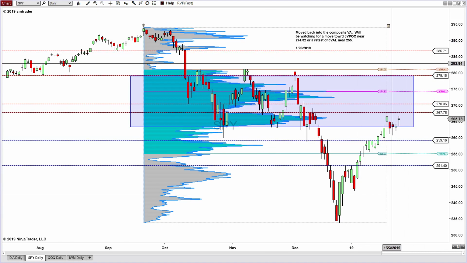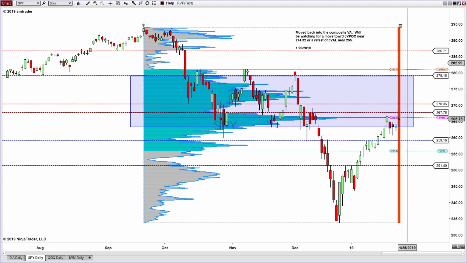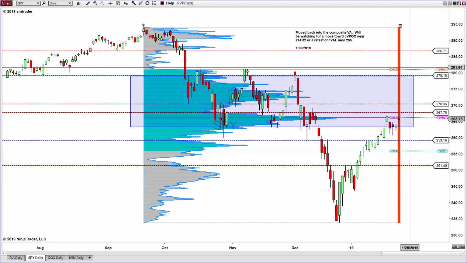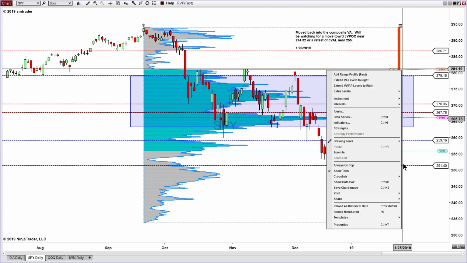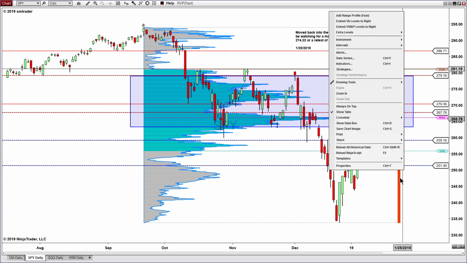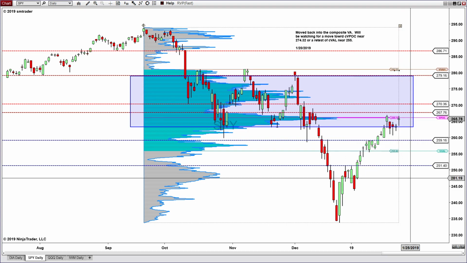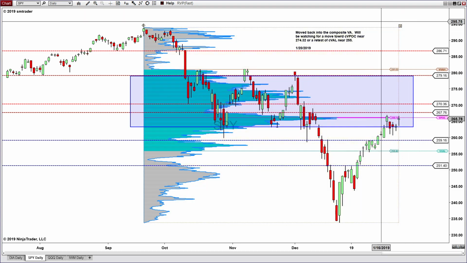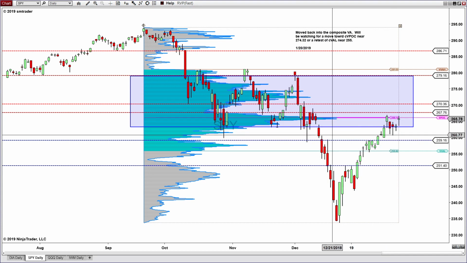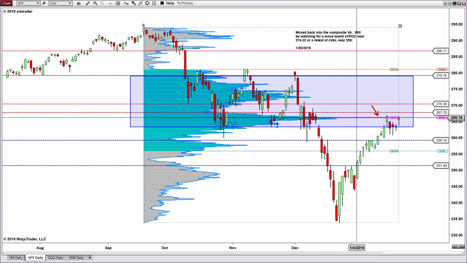Now if I also shift this, update the composite volume profile, you can see that the point of control has shifted down from 274 down to 266 right now. So we've got to keep an eye on that.